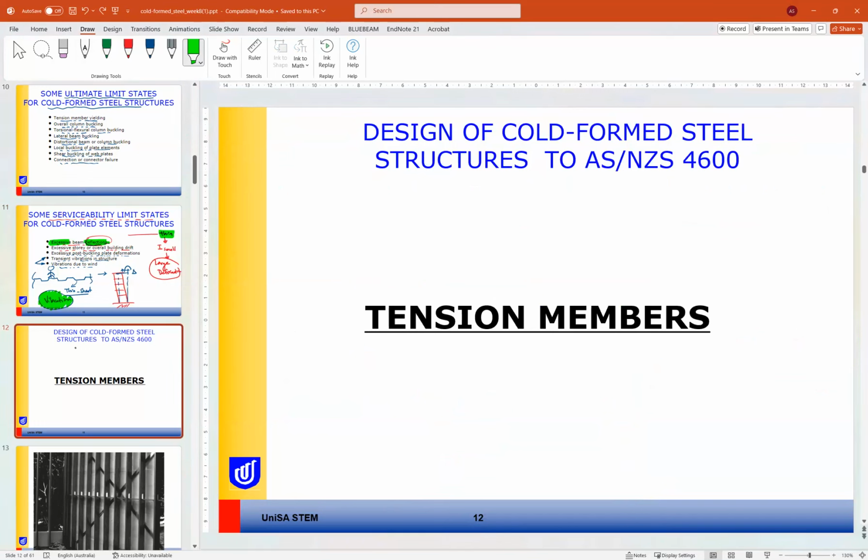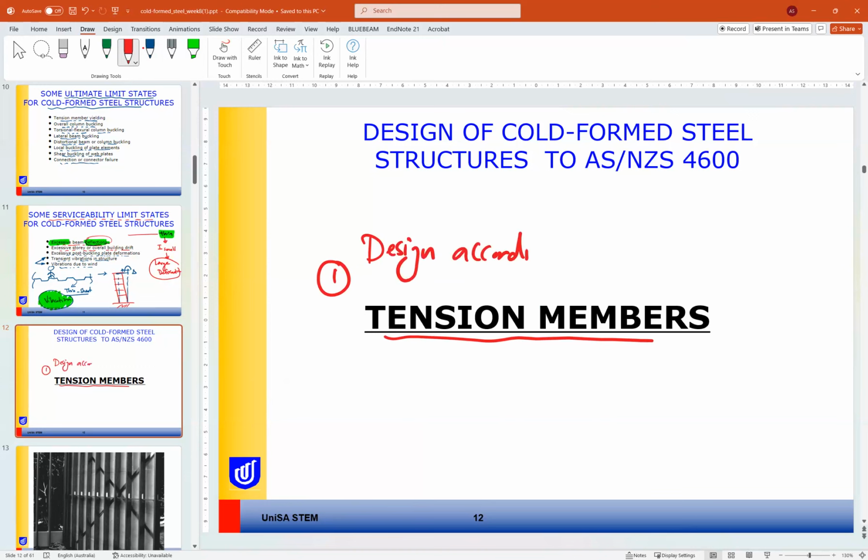So similar to before, the first member to design here is the tension member. So design according to AS 4600, the cold formed steel structures standard.